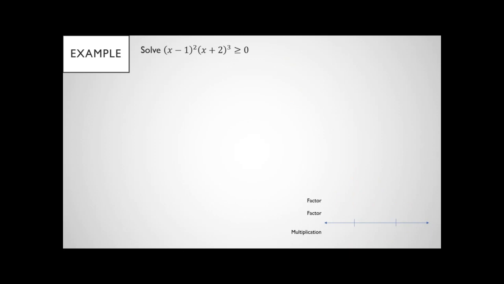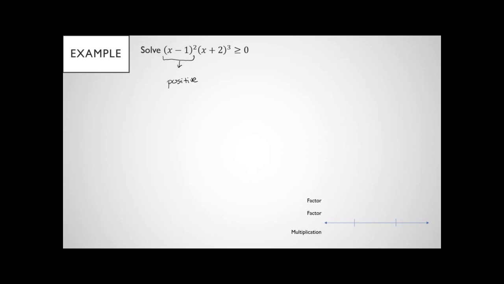Now here I've got something that's already factored for us, and I picked this because I want to show you some shortcuts that you can do. If you have repeated zeros, grouping them together in pairs can make it really nice, because anything that you square here is going to be positive. A negative times a negative is a positive, and a positive times a positive is a positive.